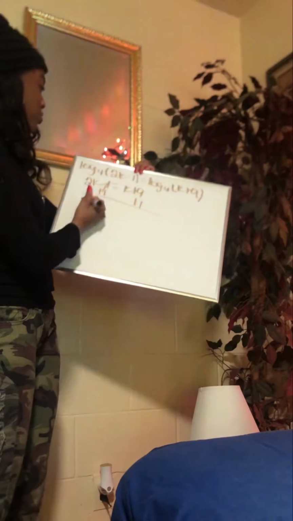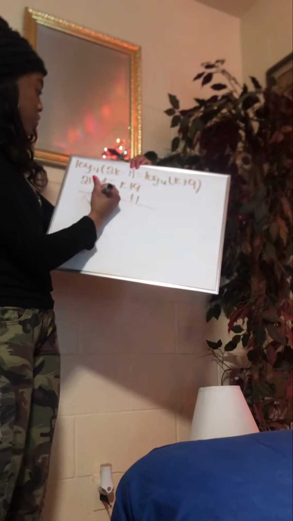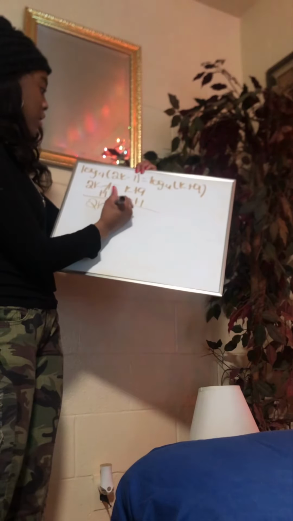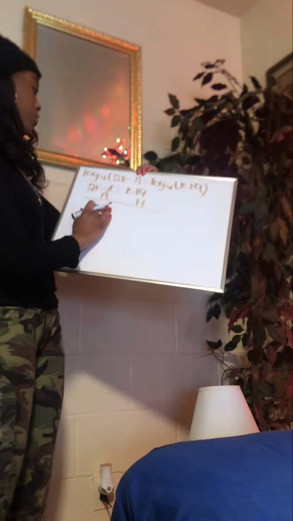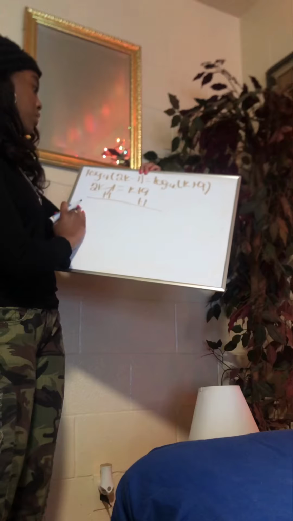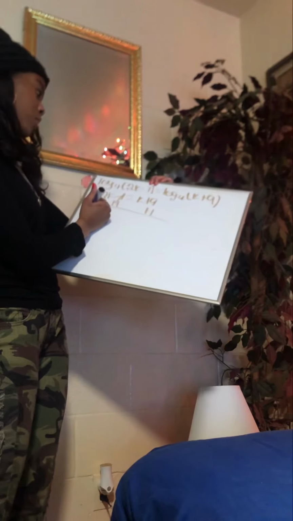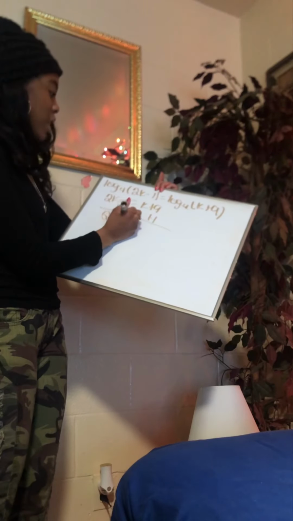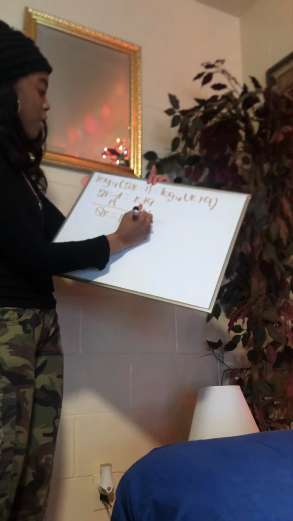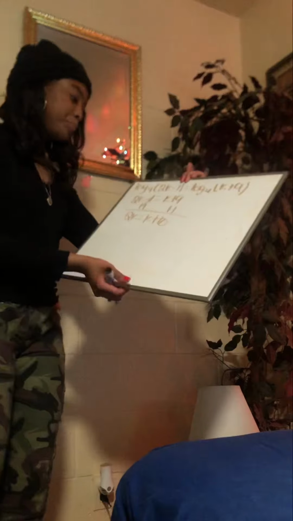Next thing you do, you have 2k equals k plus 10.